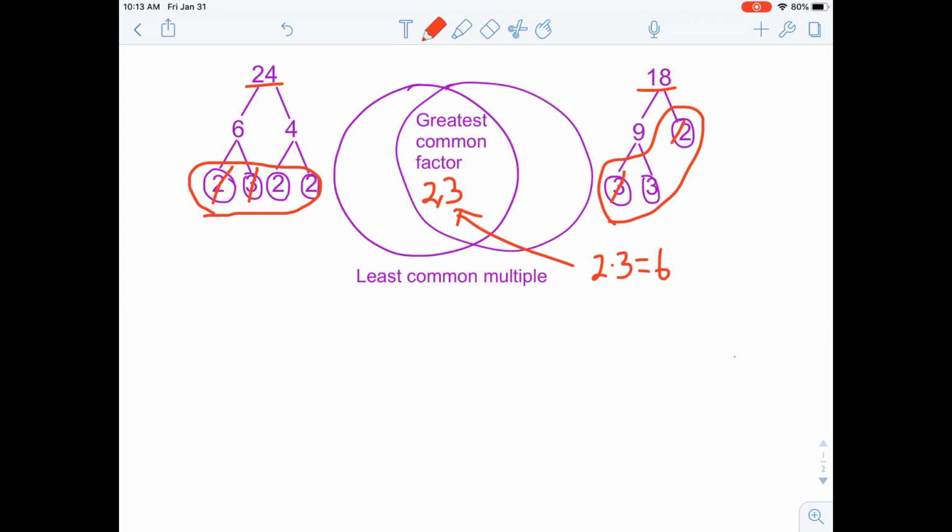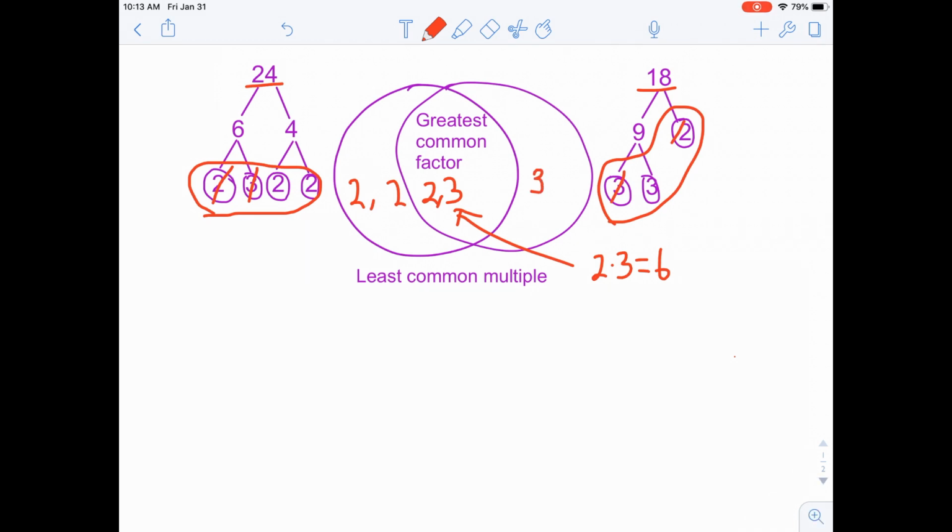Now let's take a look at the least common multiple. I need to account for all the numbers listed in the prime factorization that haven't been accounted for. So for 24, the numbers that haven't been accounted for yet are 2 and 2. And the only other number that is not accounted for on 18 is 3.